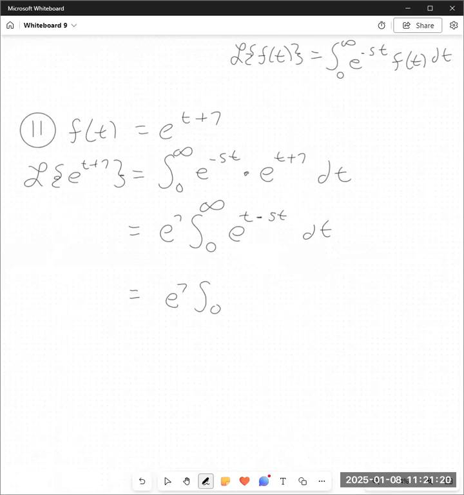I'm actually going to factor out a negative t because I want something to be obvious here. So s minus 1 is the part that's got the s in it.